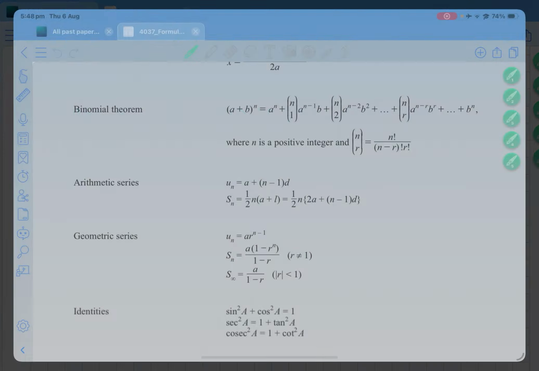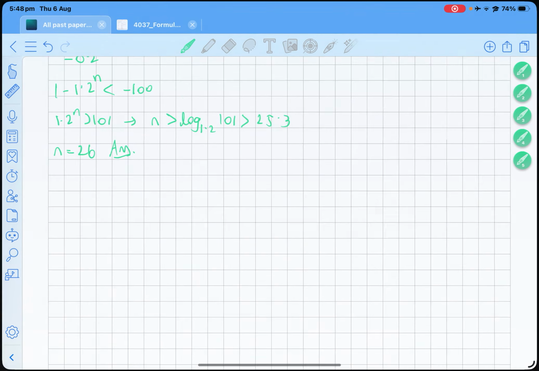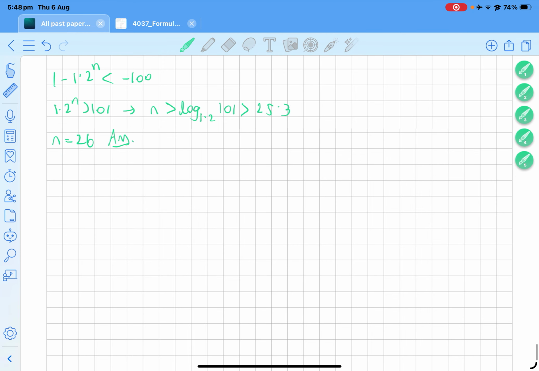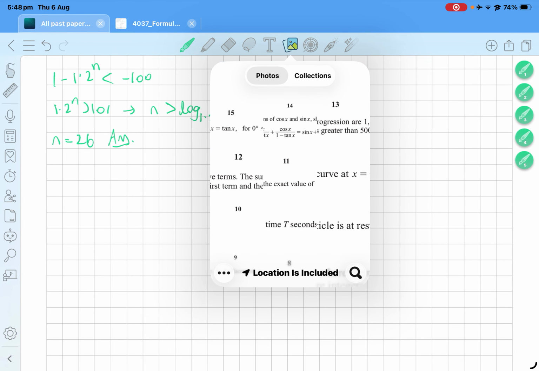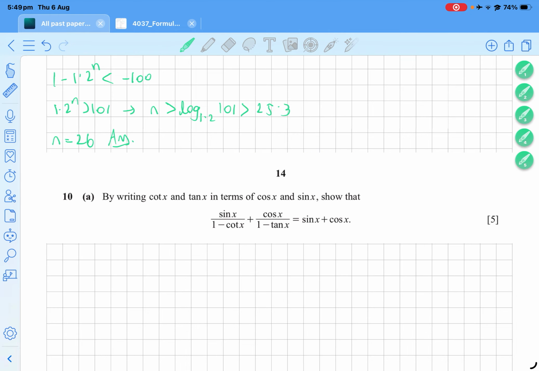By the way, let me check the sum of n, that I wrote the correct thing. Then this is a success. Then let's move on to question number 10. I think this is the last question.